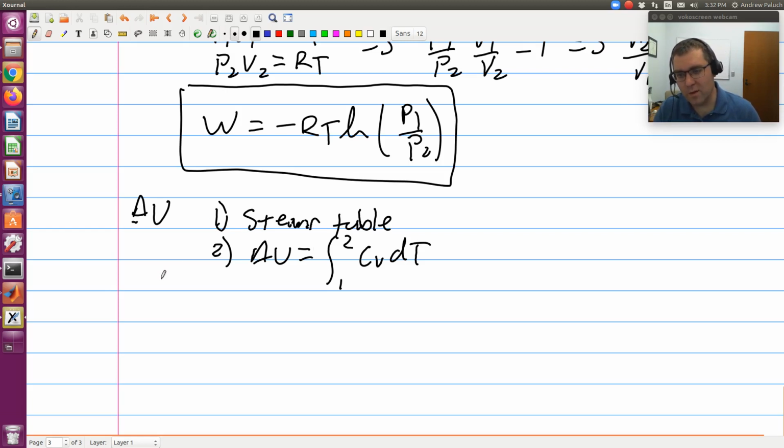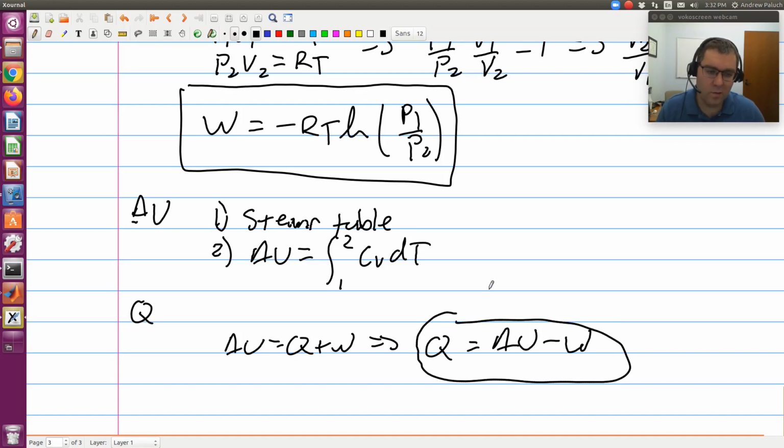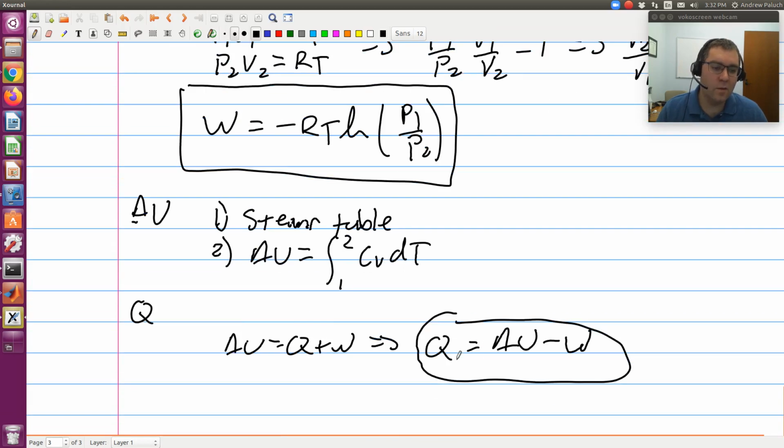And then, in this case, to get Q, you would just get it from your first law balance. So delta U is equal to Q plus W, therefore Q would just be delta U minus W. Since we know how to get delta U and we can get W, we can get Q that way. All right, so far so good.